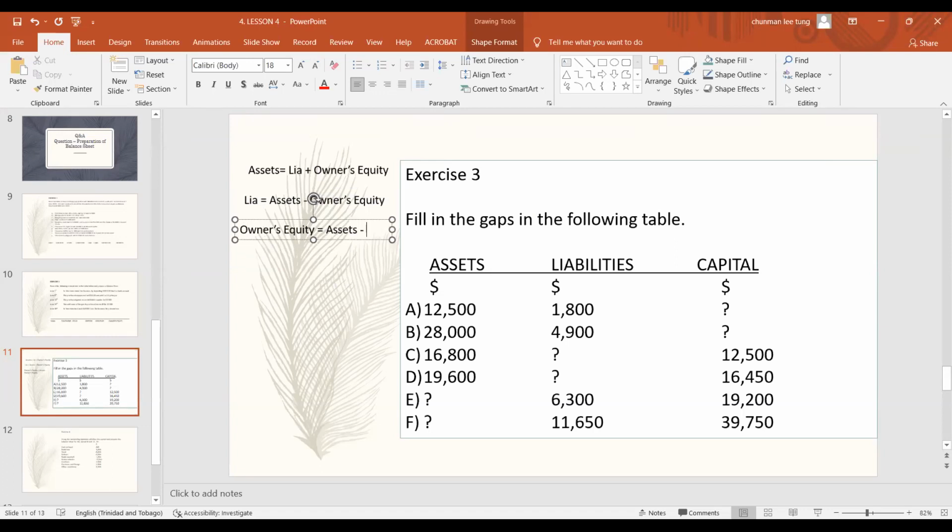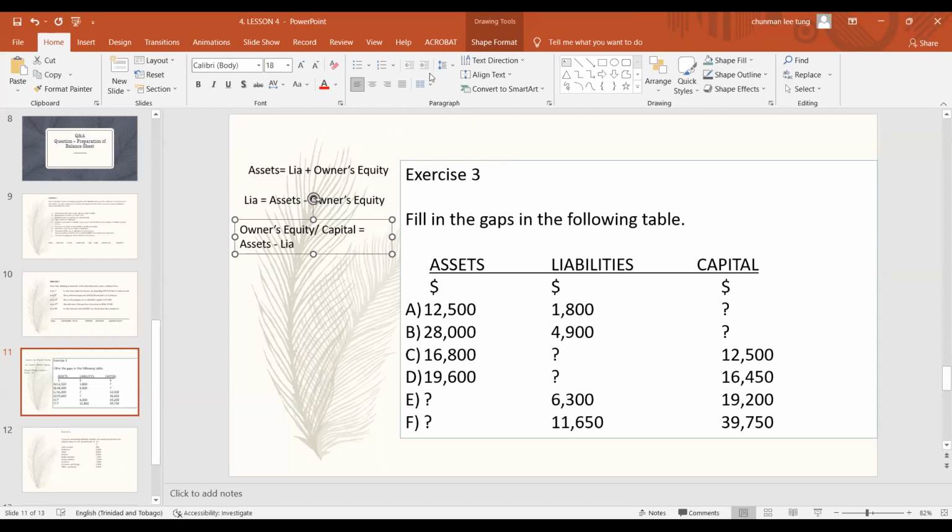Remember, your owner's equity is also known as capital.